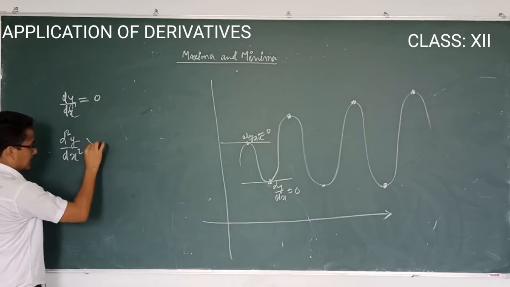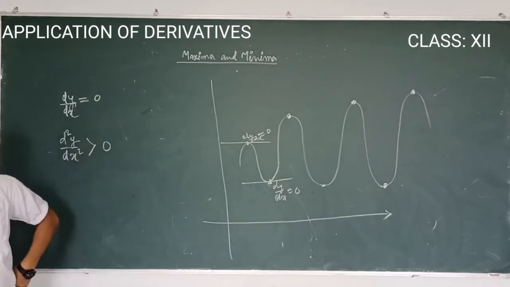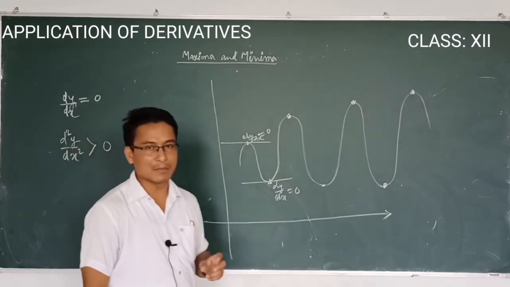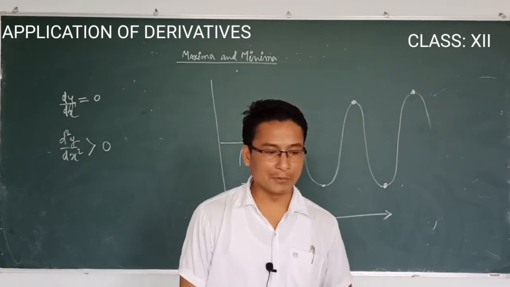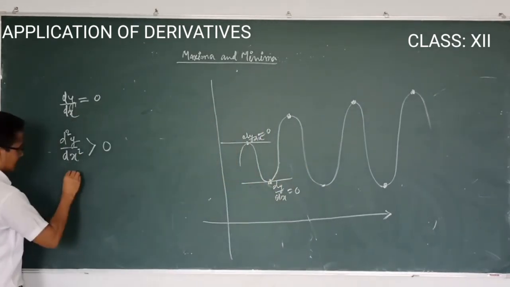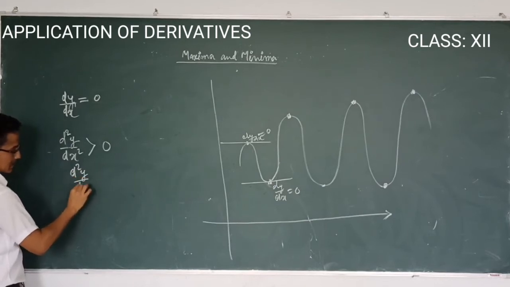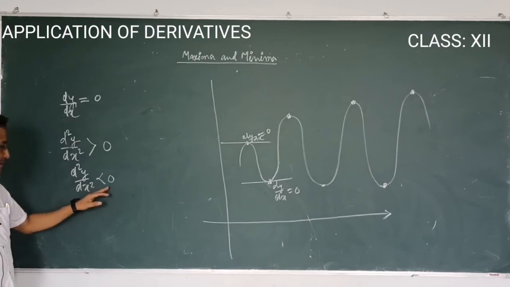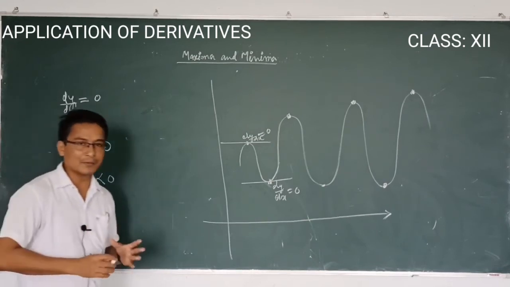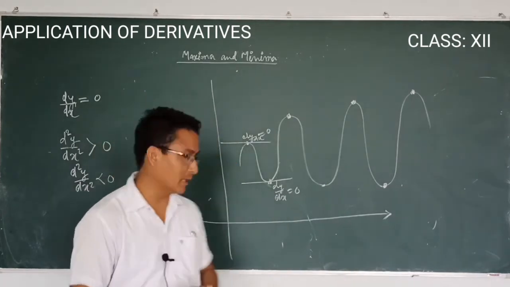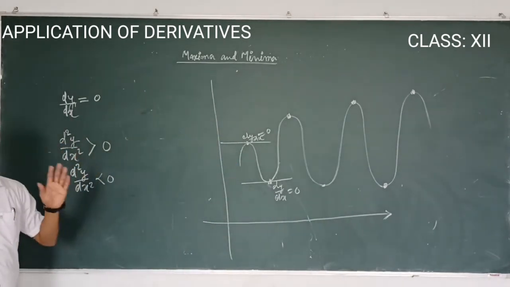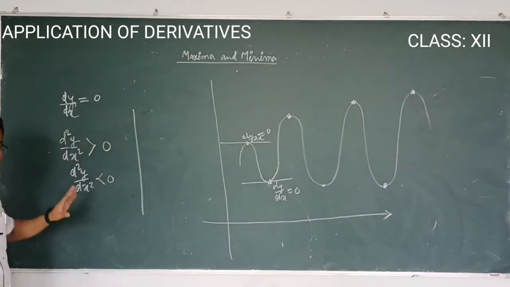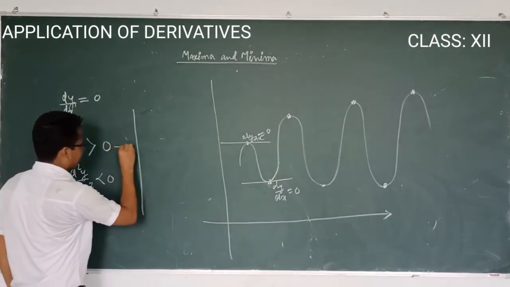This is d2y by dx square. If d2y by dx square is greater than 0, then we will get a minimum point. If d2y by dx square is less than 0, that means the value we get is negative, then we will get the maximum.